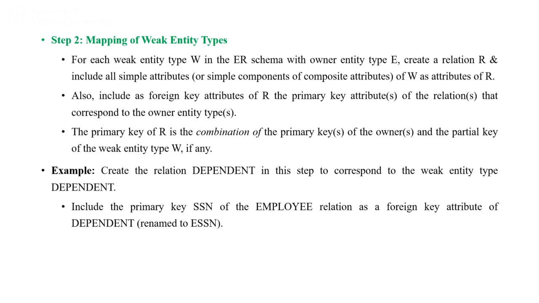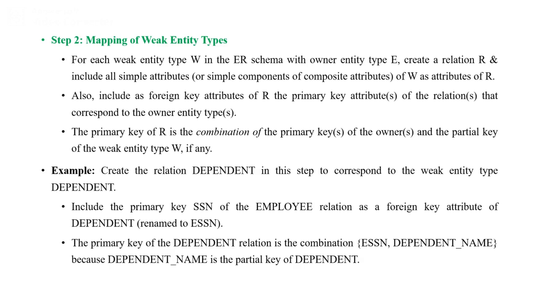It includes the primary key SSN of the EMPLOYEE relation, where the employee relation acts as the owner, and its primary key SSN acts as a foreign key attribute for this weak entity type, renamed as ESSN.